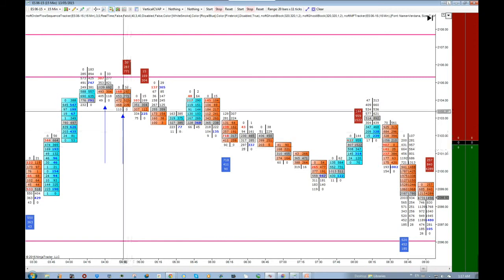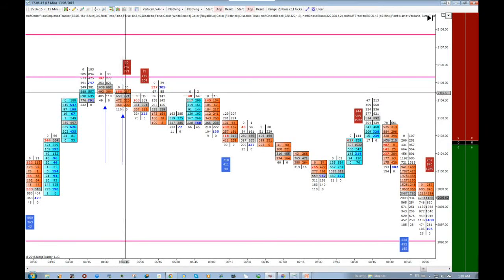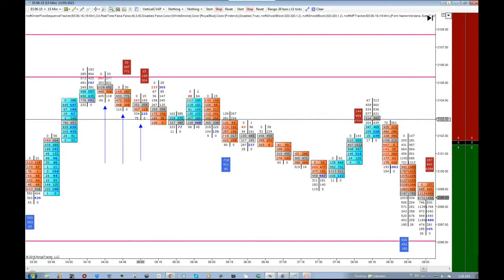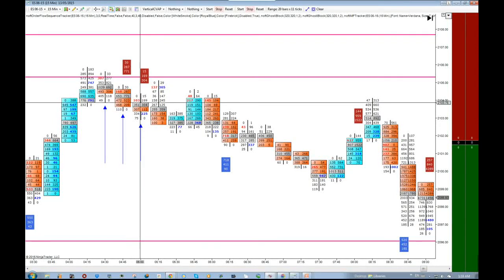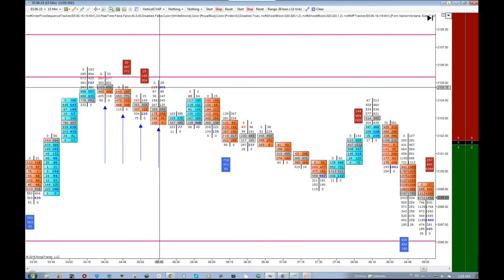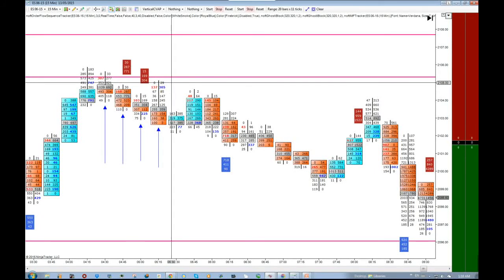There are, however, some red highlighted numbers, the 307 at the 430 candle and the 168 on the 445 candle. Then on the next candle, we get both a buy imbalance of 225 and a sell imbalance of 103. On the next candle, we also get a buy imbalance and a sell imbalance at the same level, a 137 and a 305.